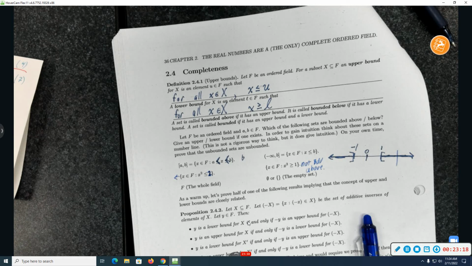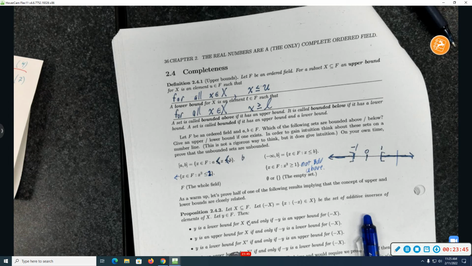What's the opposite of that? Greater than or equal to? Not equal to? Right, because if Q were equal to 4, this would still be true. So right now we have Q is in this set, and we have Q is bigger than 4. Let's try to get a contradiction.